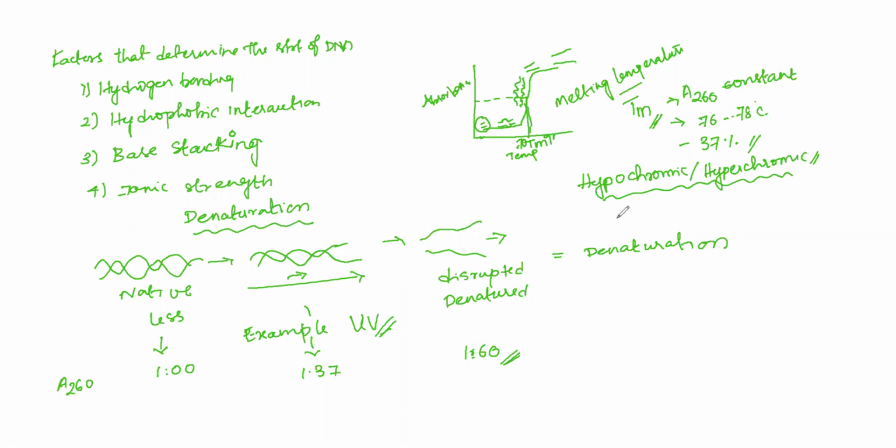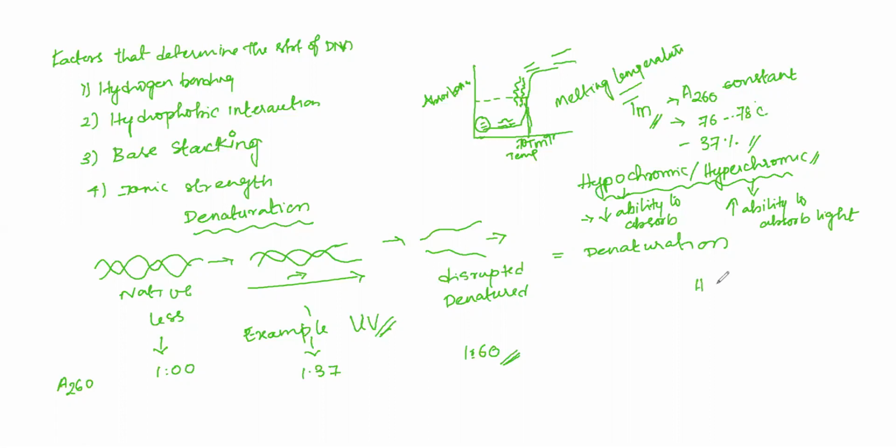Let me write it down here. Hypochromicity means decreasing ability to absorb light, and hyperchromicity is the material's increasing ability to absorb light.